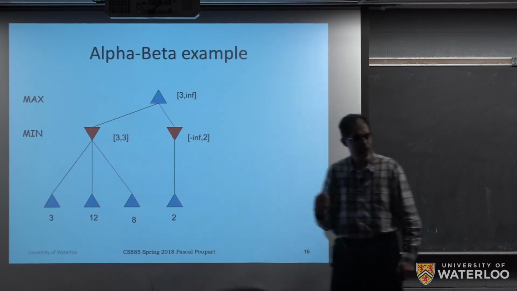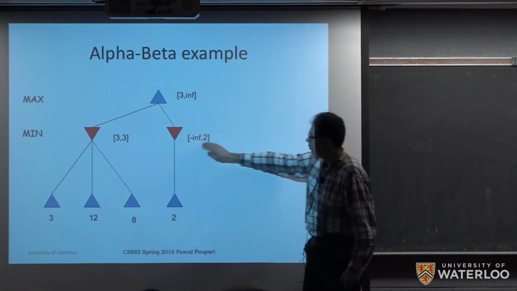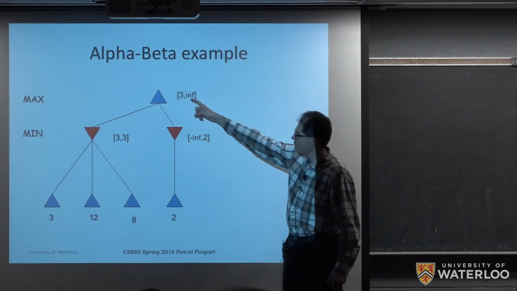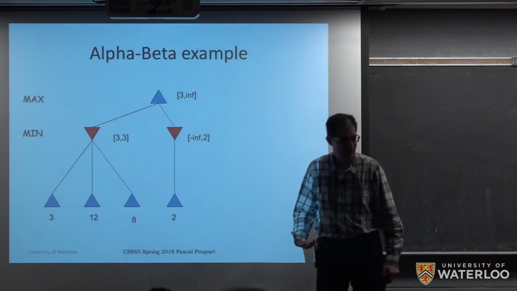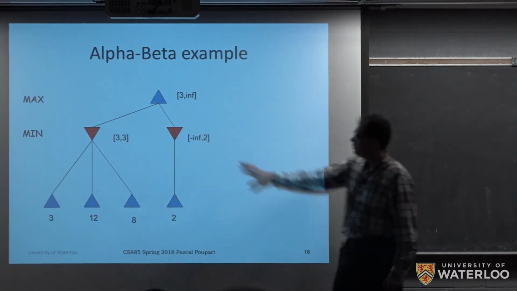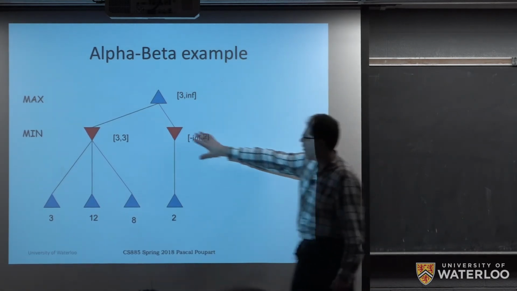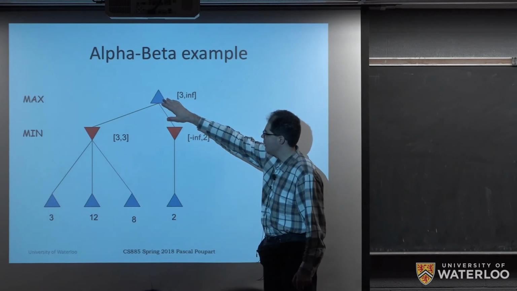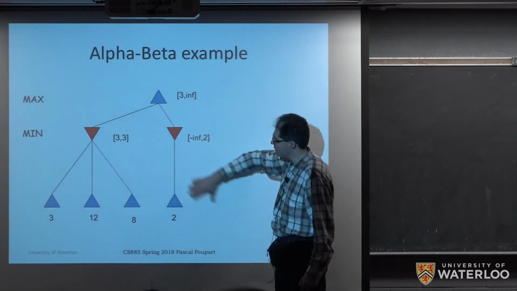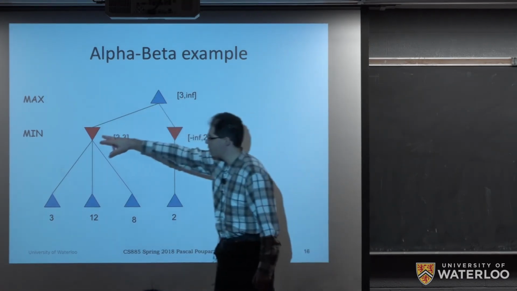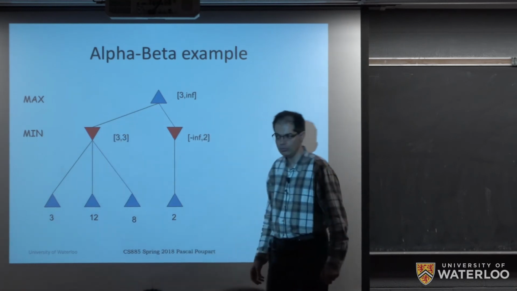And now this is interesting because you see here, we have an upper bound of 2. Here there's a lower bound of 3. So basically, there's no point searching any further into this subtree because Max knows that Min will only make things worse here, and it's just better off going with that move.